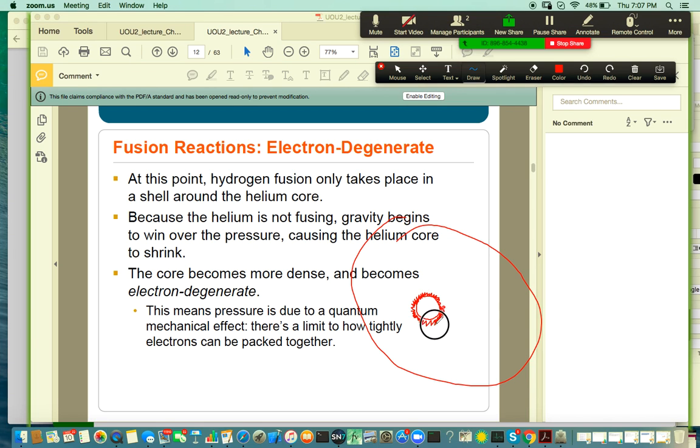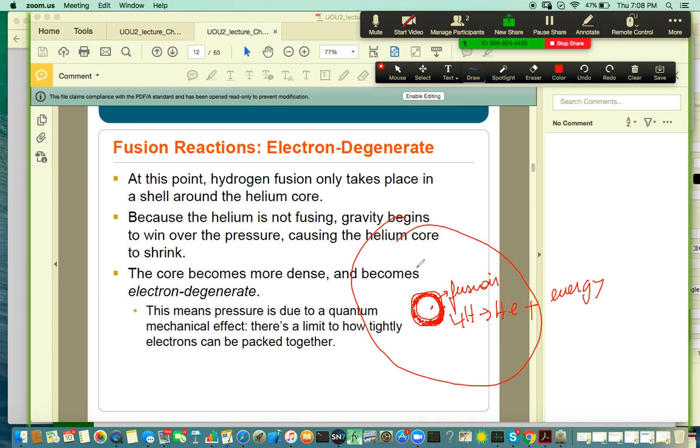But the region surrounding the core, a shell surrounding the core, has enough pressure and high temperature so that fusion reactions take place, not in the core, but in the region surrounding the core. And yes, these fusion reactions will convert hydrogen, 4 atoms of hydrogen, into helium plus energy and neutrinos that will escape.